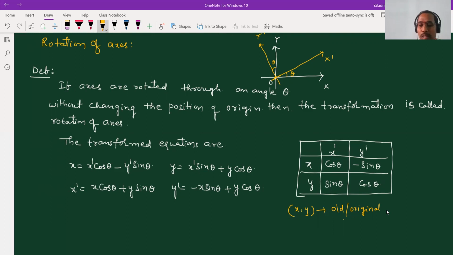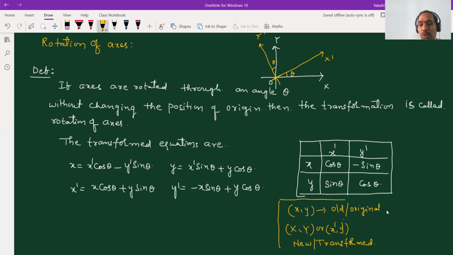There is capital X, capital Y, or you can write x dash, y dash, right? These coordinates we call the new or transformed coordinates. You should remember this.